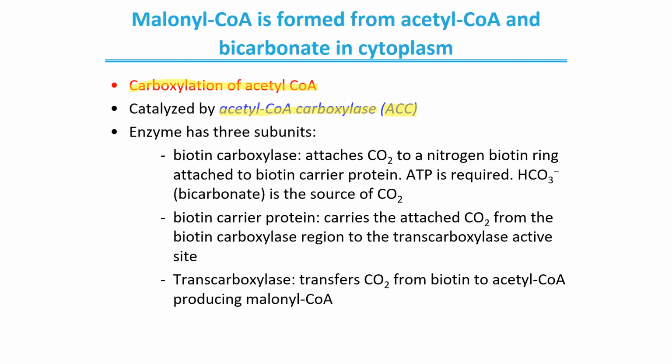It's a big enzyme. ACC has three subunits. One is known as biotin carboxylase. The second one is biotin carrying protein, and the third one is transcarboxylase. So these are the three parts of the same enzyme, ACC.